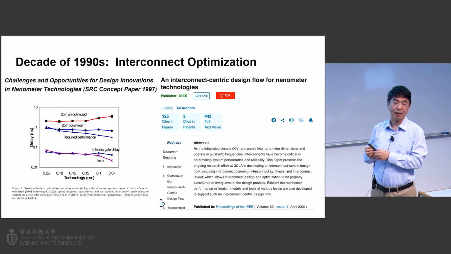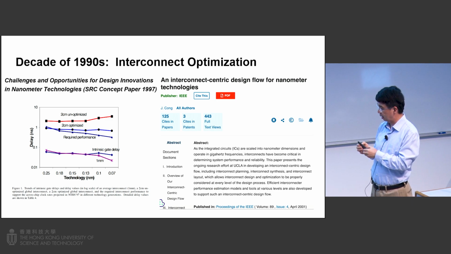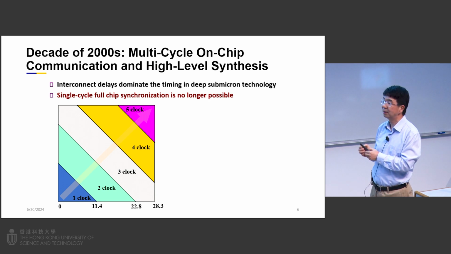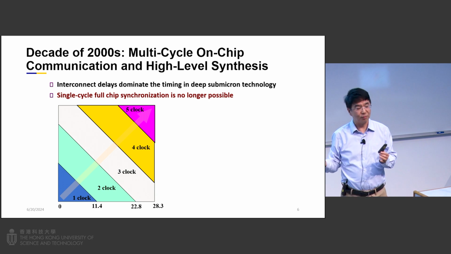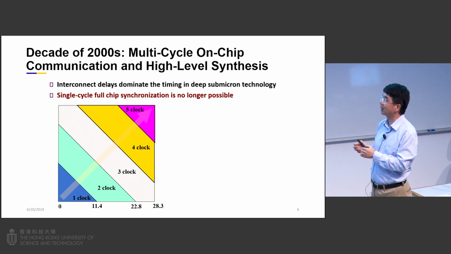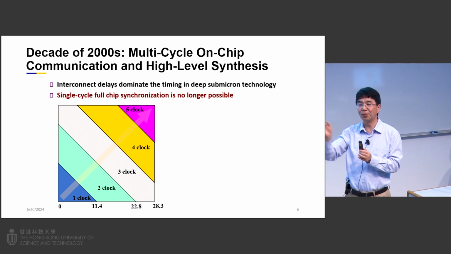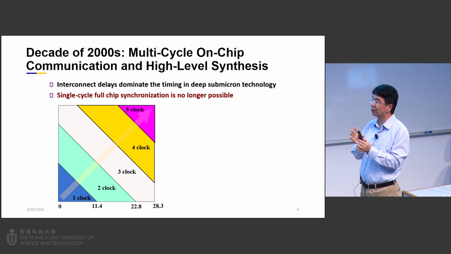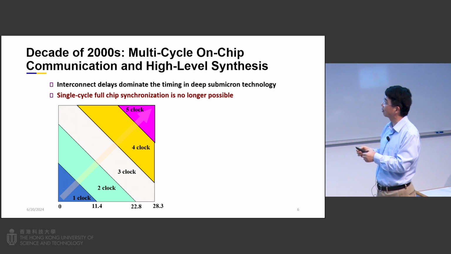So that was the 1990s. But when we came to the decade of 2000, I basically gave up. I think we lost the war. Because of continuous scaling, there's no way we can optimize all these interconnects so that we can cross the chip in one clock cycle.